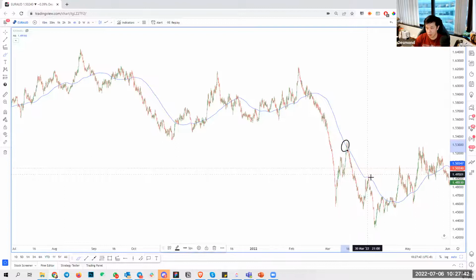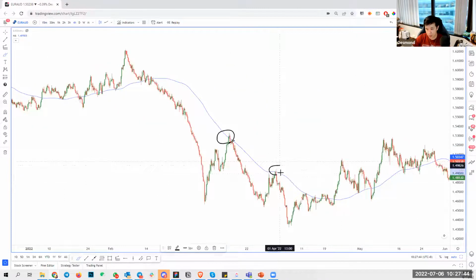Price touches it once, goes down. Price touches it twice, goes down. Touches it 3 times, goes down, until it finally crosses it, goes up, right? So look at the bounce over here. Okay, this is the 100 moving average. What can we do? You know, at this stage over here, maybe you can see that you might have got faked out and crossed down before going up.